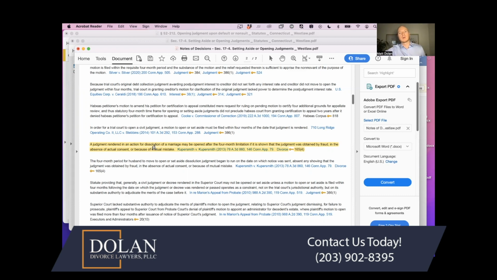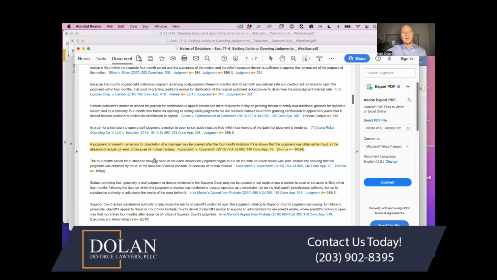Or let's say you were incapacitated for some reason, you were in a coma, or you were in the hospital with temporary brain damage or something like that. You don't have the ability to make actual consent in that situation. So you can reopen the judgment after 4 months if you did not have the ability to consent to the actual agreement.